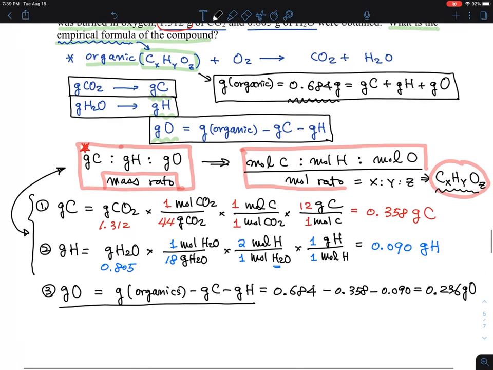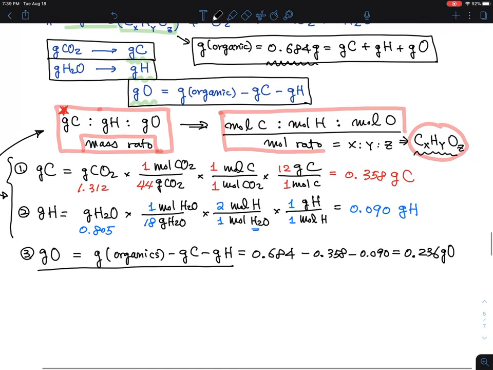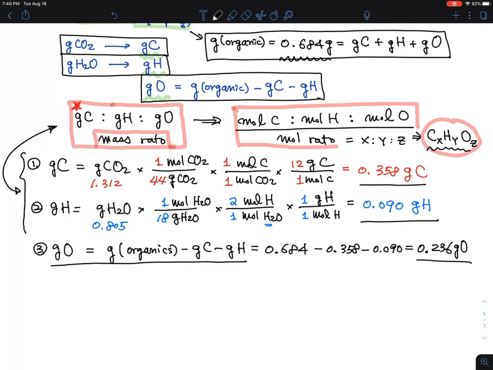Okay, so I have gotten to a very important clue. Those are the mass ratio of this compound. The next step is to convert this mass ratio to a mole ratio.